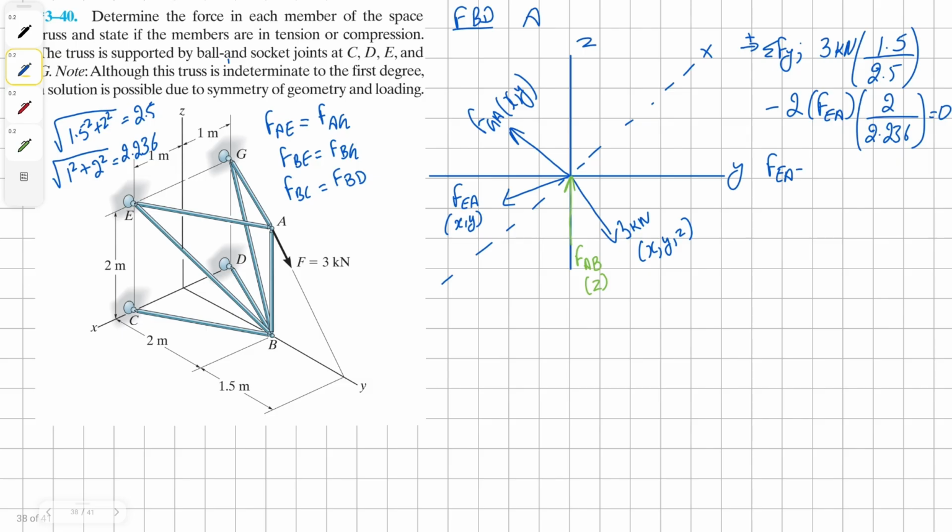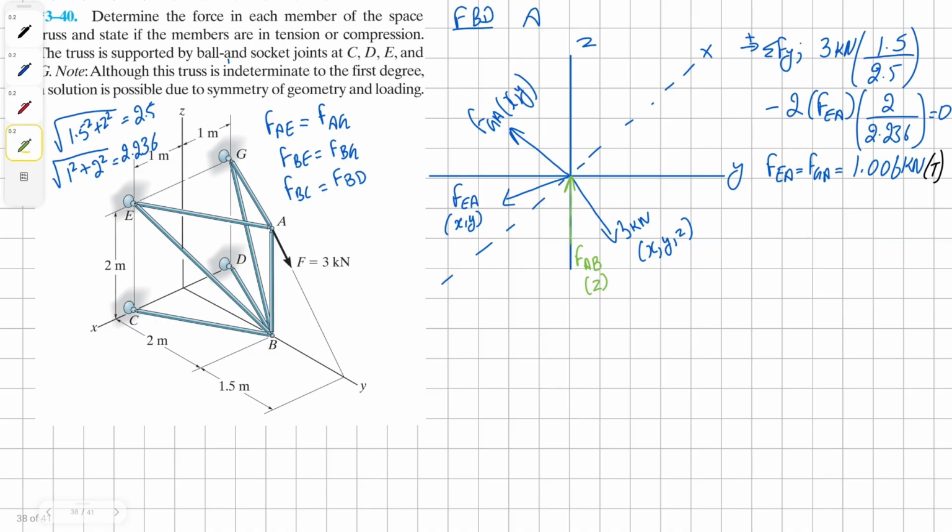Solving for force EA and GA, we get our solution as 1.006 kilonewton. Because it's positive, that means we assumed our vector in the right direction, and our vector tells us that these two members are in tension.